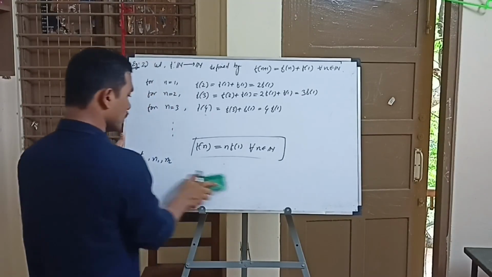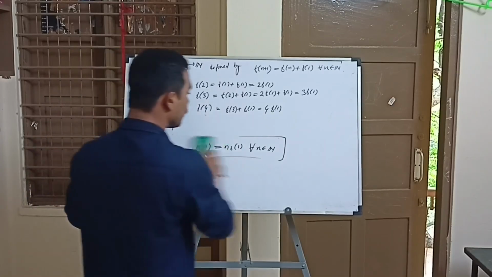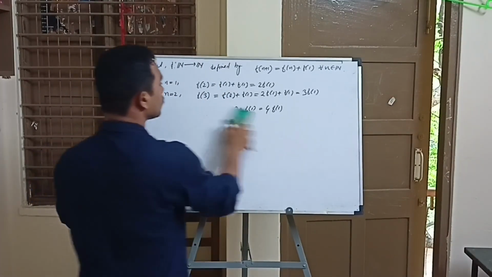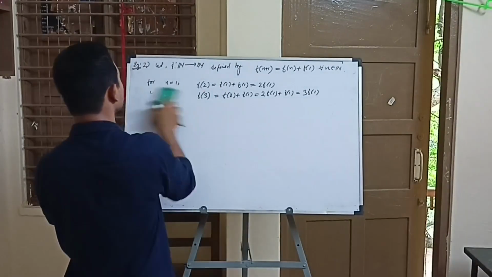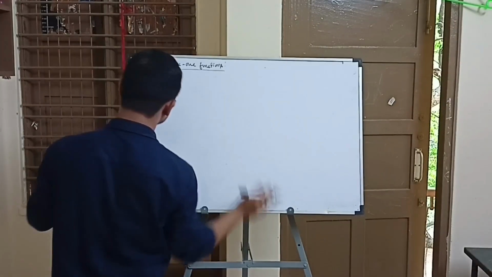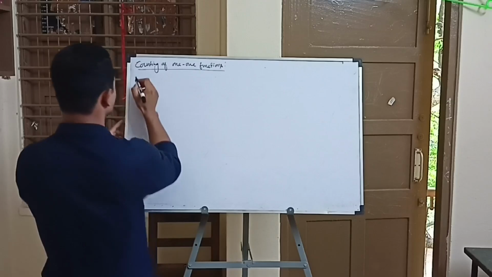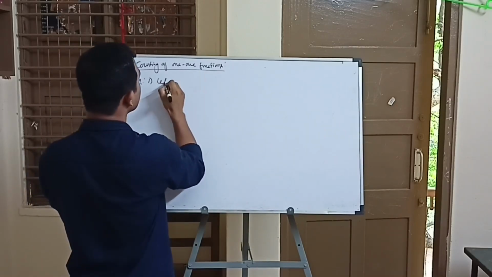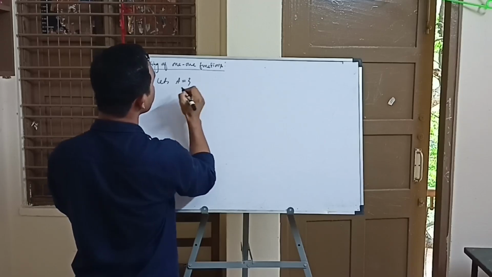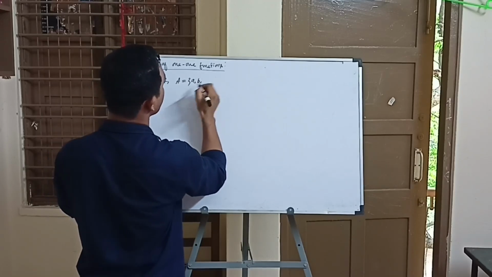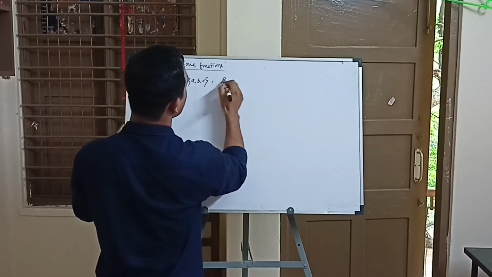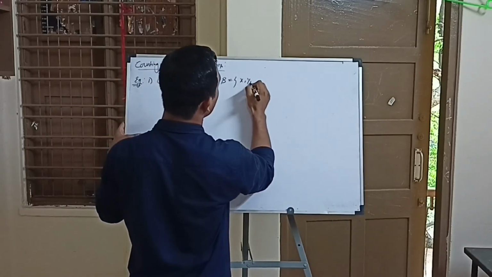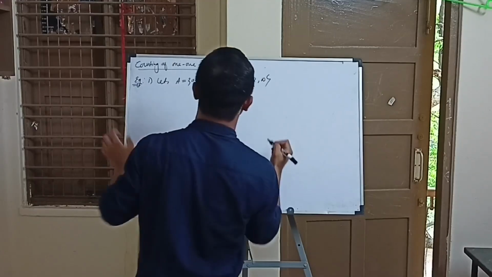Now we'll move on to the next topic, the counting of one-one functions. For example, let A be a set with 3 elements a, b, c, and B be a set with 4 elements x, y, z, w.